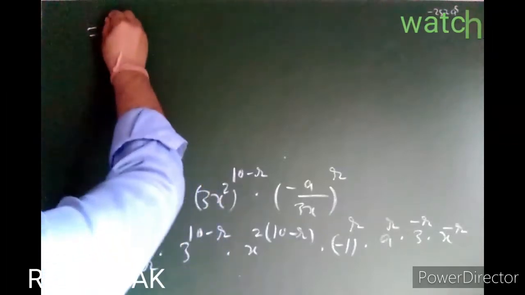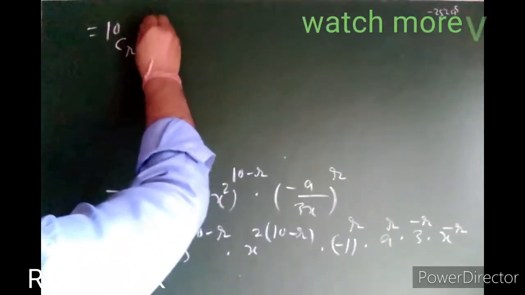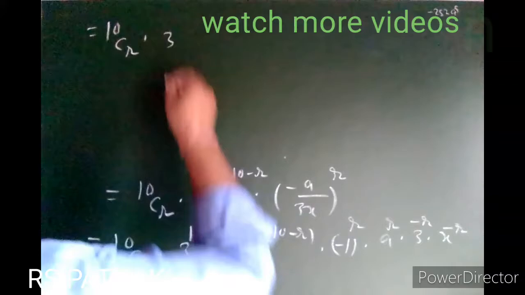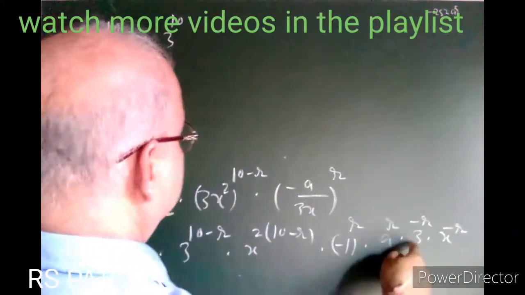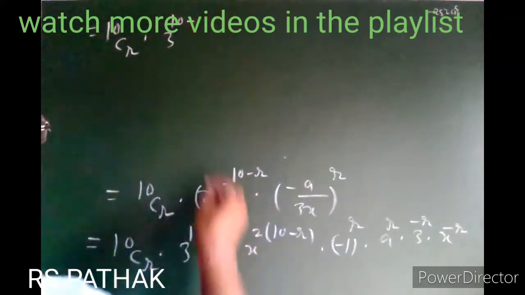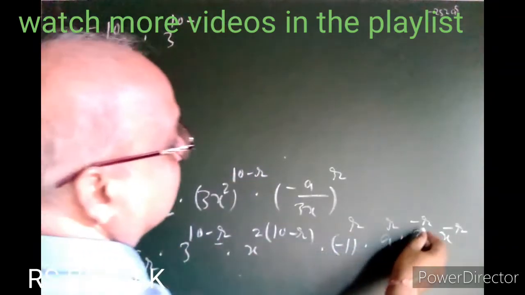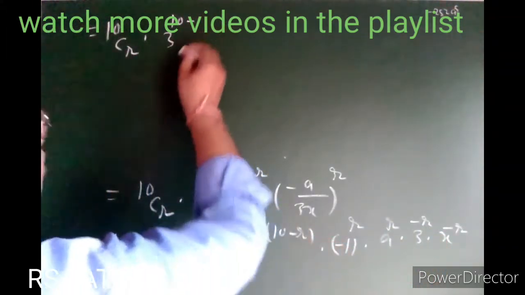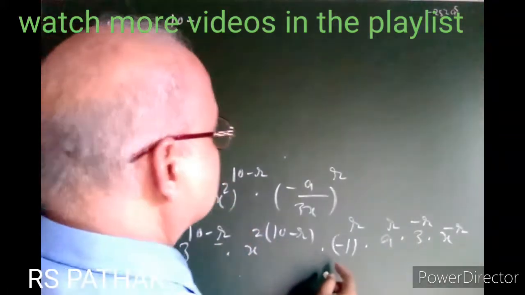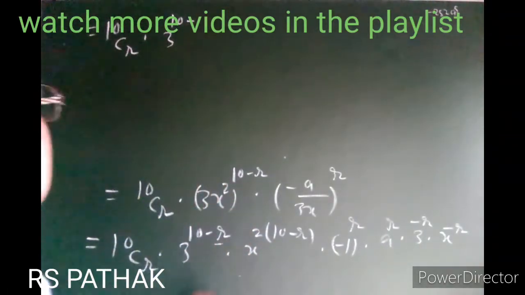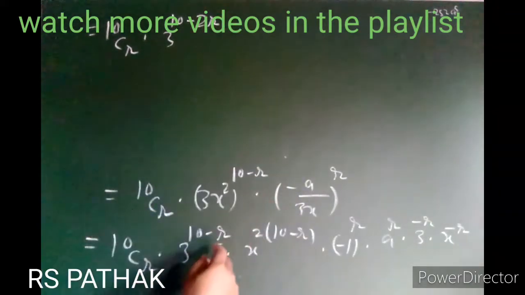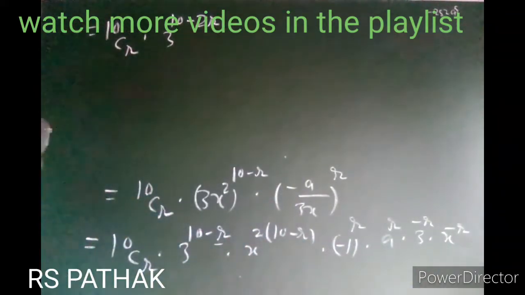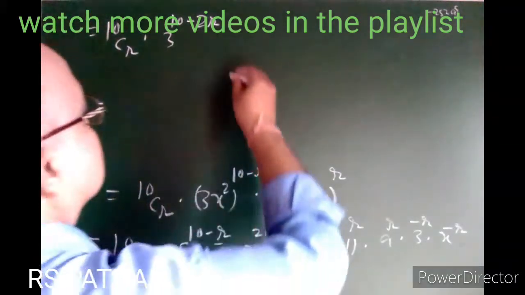Next step will be 10Cr, 3 to power 10 minus r, and this 3 to power minus r will become 3 to power 10 minus 2r. Then x to power 2 into 10 minus r, and minus r.